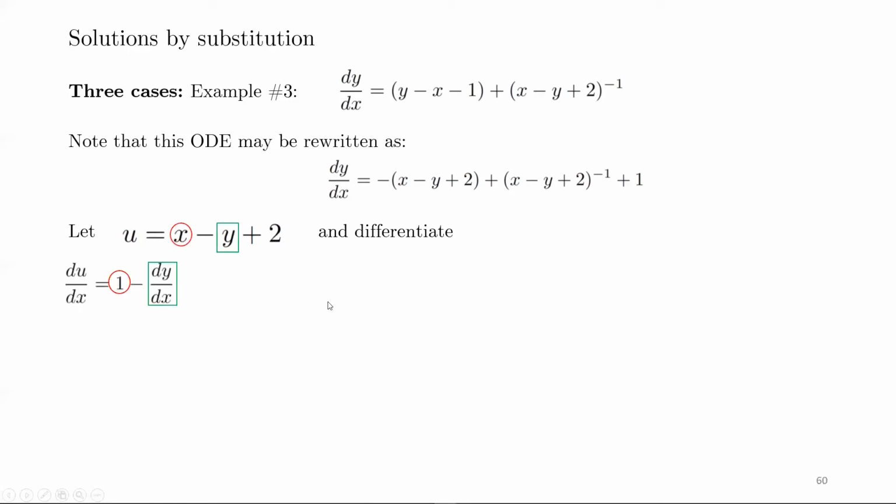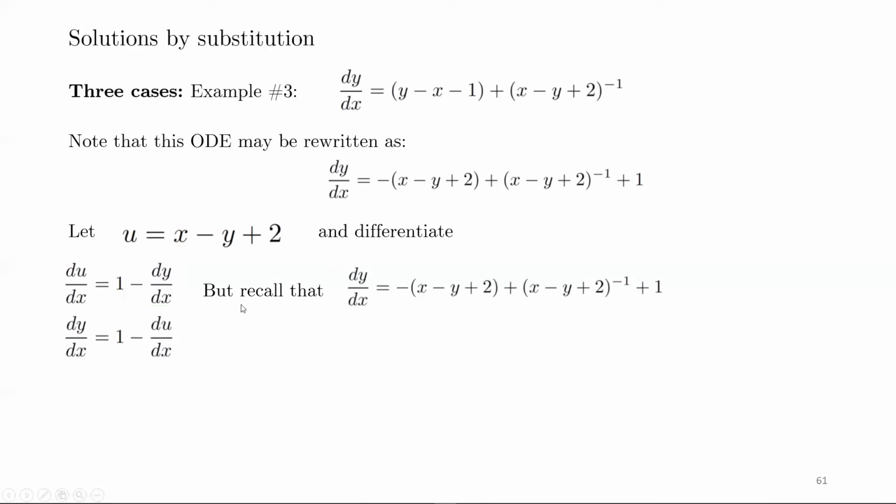We also have to remember that for this dy by dx term, I have an expression in terms of x minus y plus 2. So dy by dx equals negative of x minus y plus 2, plus x minus y plus 2 all to the power of negative 1, plus 1. Remember that I've made this substitution, so wherever I see x minus y plus 2, I can replace that with u.